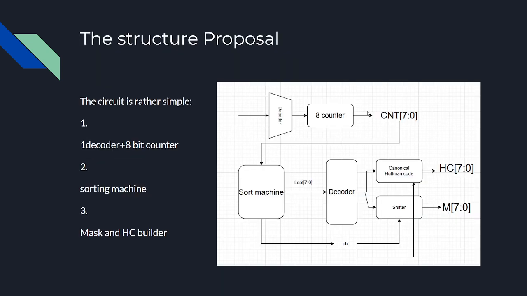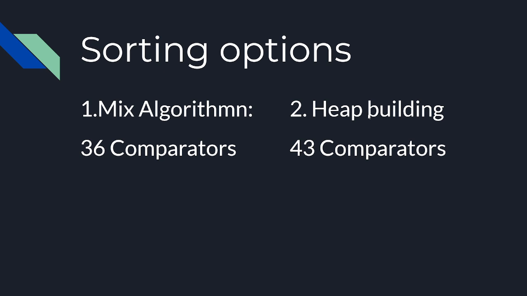Next, we talk about the sorting algorithm. There are two choices. For one, we mix the algorithm with one sorting and six heaping, which will add up to 36 comparators. The other is the all-heap method, which will add up to 43 comparators.